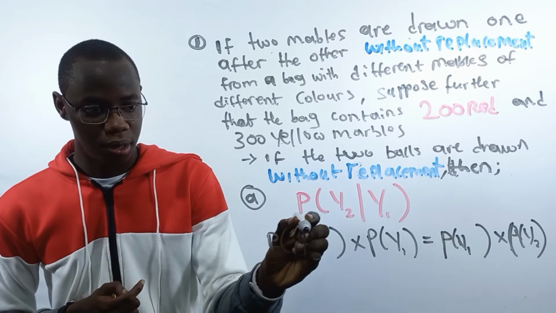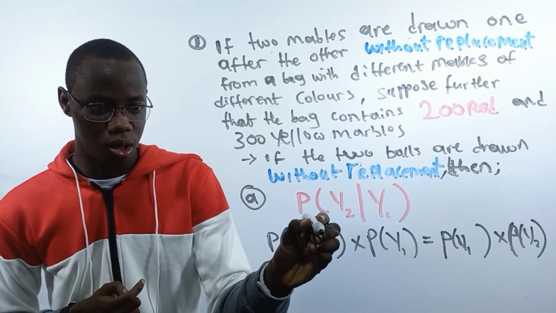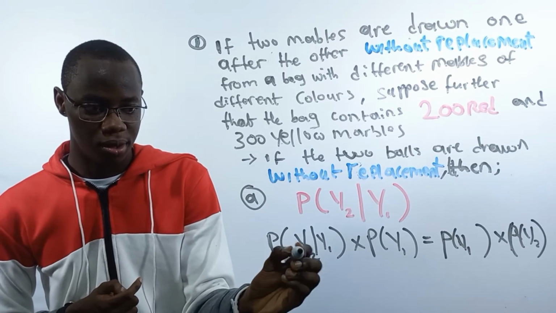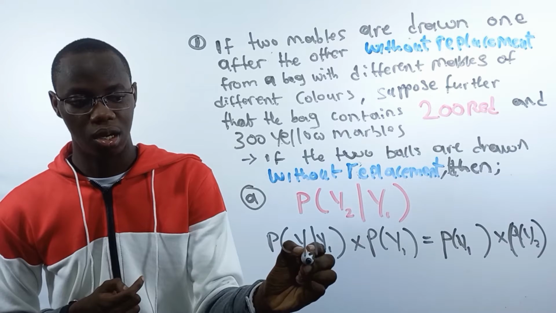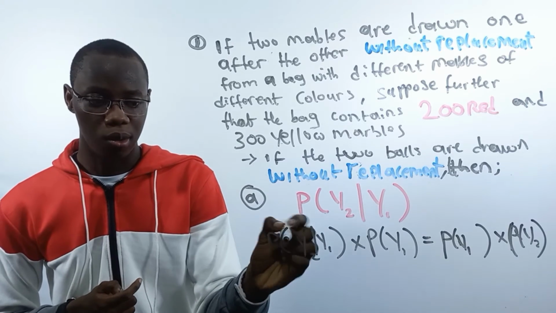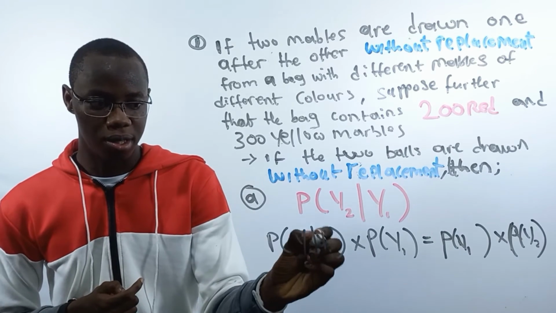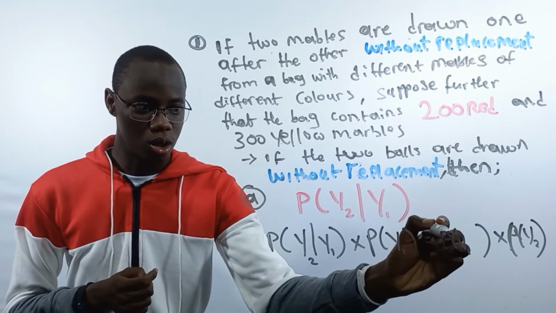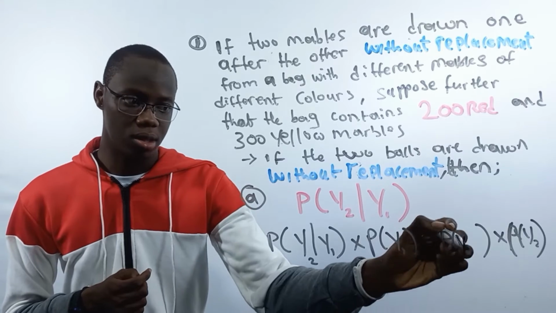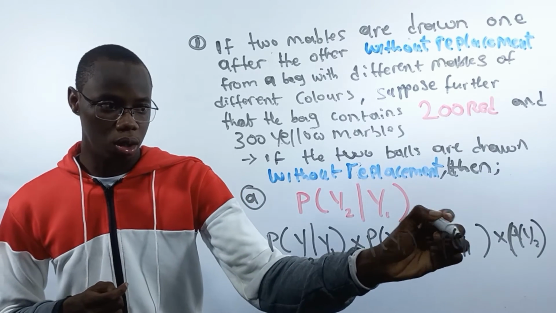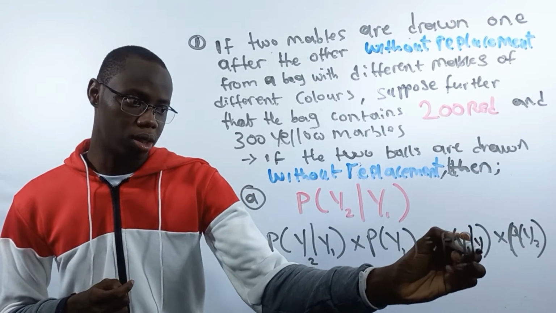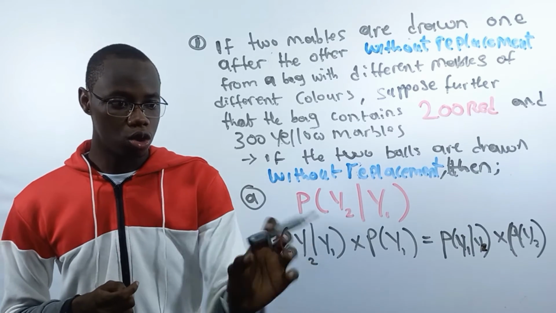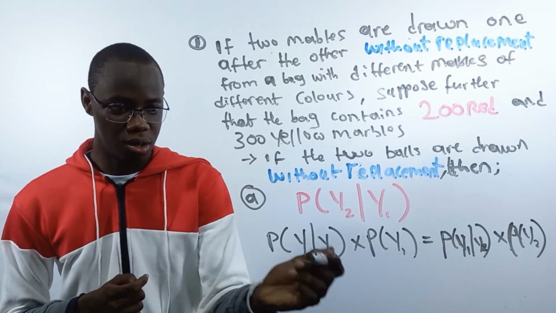But we are talking about the conditional probability. The probability that this second one is yellow must be true only when the first one is yellow. And here the probability of us getting this first yellow is only true if we have gotten the second, like this. So once you have done this, this must be equal to this.